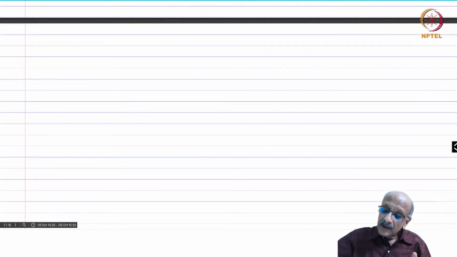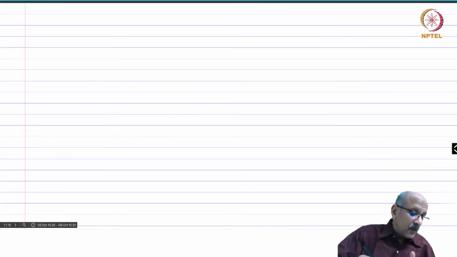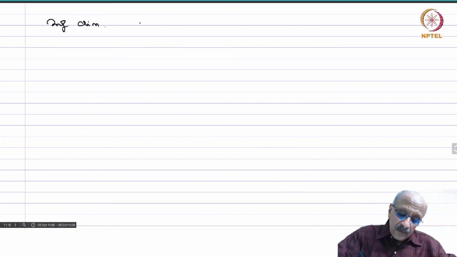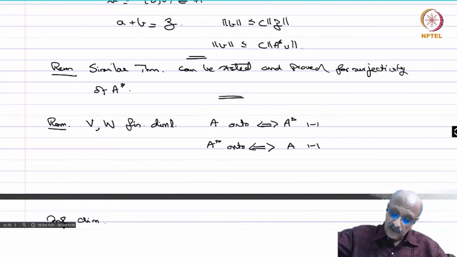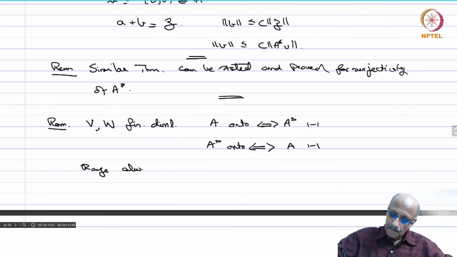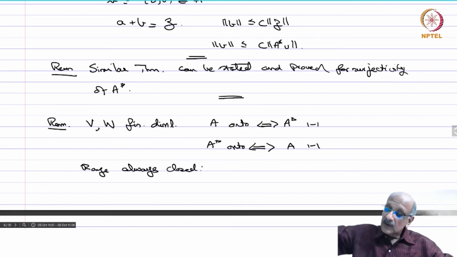But here in infinite dimensions we do not have this. Why is this true in finite dimensions? Because the range is always closed in finite dimensions. That's why these theorems work.